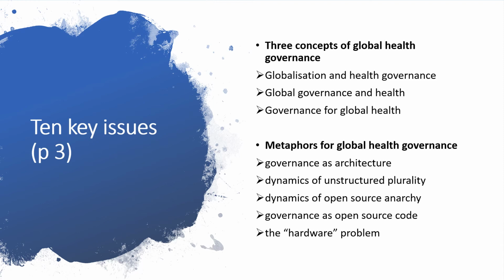But the implementation of those solutions and the sustainability of the solutions is dependent on what the metaphor he uses is the hardware of the computer. And for him, the hardware of the computer in which these open source codes operate are national health systems and national capabilities. And he points to the weakness of these and how the open source code cannot really be effective unless the hardware is strong.